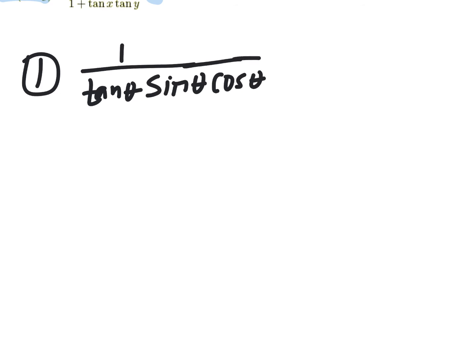And the problems always will say what it's supposed to equal. We don't just say simplify that, because there's a lot of things you could simplify it to. But they'll always say what it should be. This one will turn into cosecant squared.